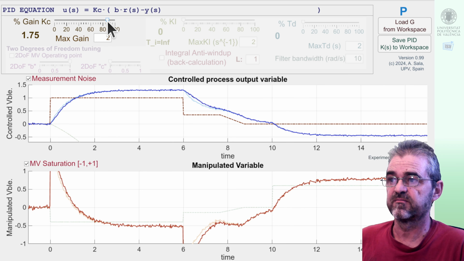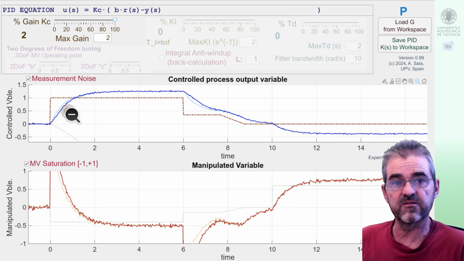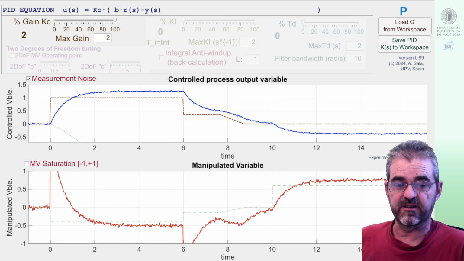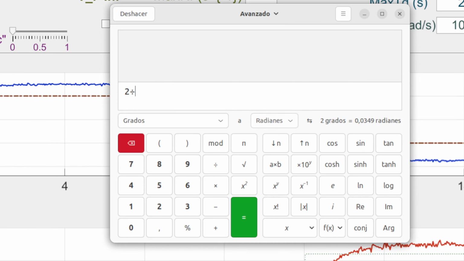So if I put, let's say, a gain of 2, we see that there is a bit of an effect of saturation, but theory does not predict any behavior with saturation, so we will switch saturation off in my simulation. Then, for instance, with this Kc equal to 2, if we recall our DC gain computations, 2 divided by 2 minus 0.4 was the final value, 1.25.